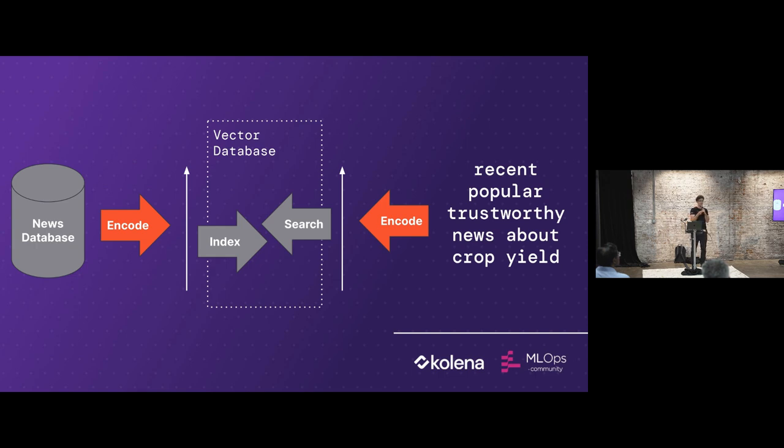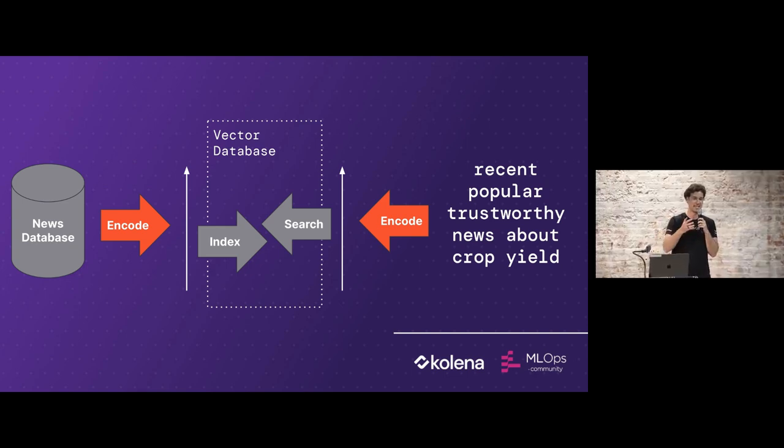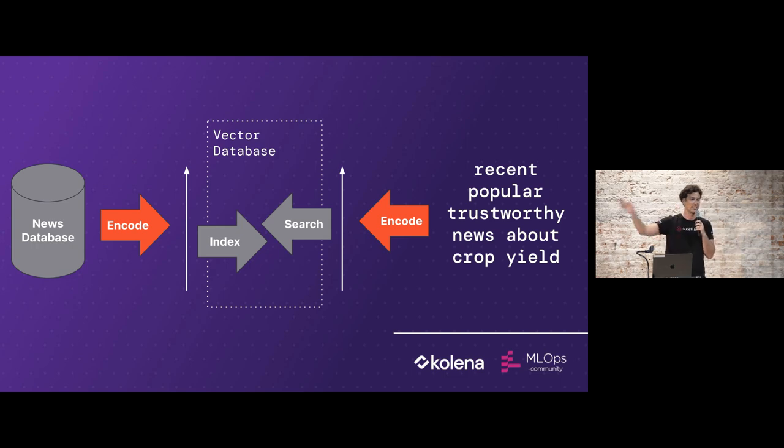That has to do with helping you assemble multiple encoders. Let's say your news article has a timestamp of when it was published, popularity signals, and which users click on it. And maybe there is an image in the news and there is text and all of this stuff.